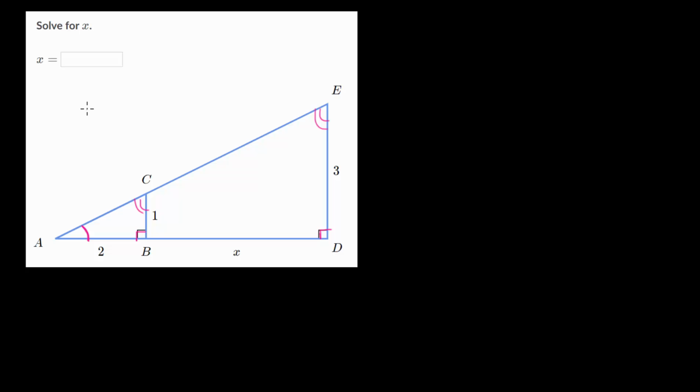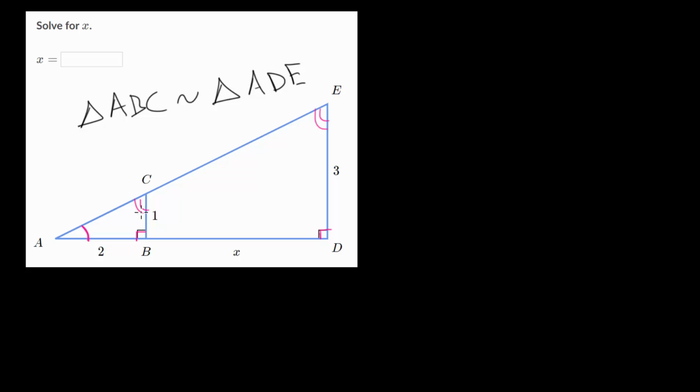Now we want to write that triangle ABC is similar to triangle ADE, and remember that the order you write this matters. And from here we can set up proportionality relationships so that we can figure out what this missing side length x is.